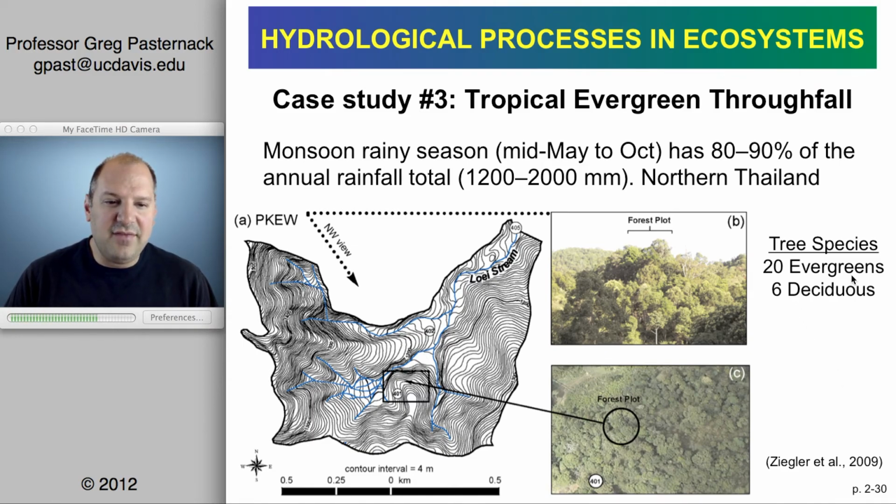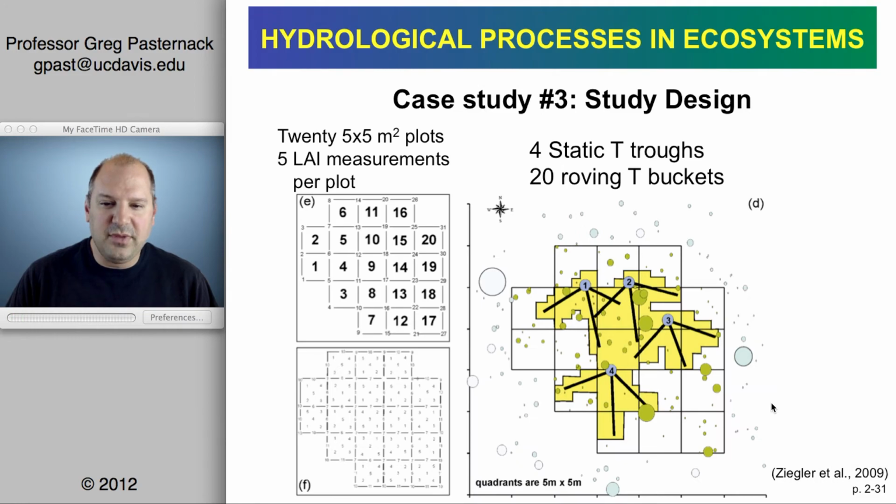Here there is a lot of evergreens and some deciduous trees, and this just shows where the forest plot was located. Now this is a little bit more complicated experimental design because it focuses a lot on the spatial pattern. So let me explain this. In the upper left are 20 boxes, and they're numbered, I guess, vertically. The 20 boxes are each 5 meter by 5 meter plots for a total of 25 square meters per plot.